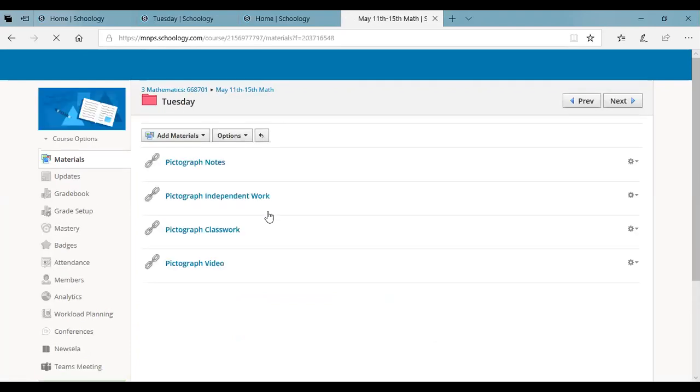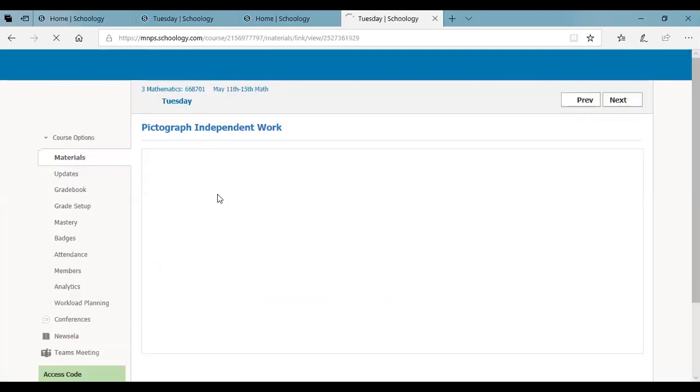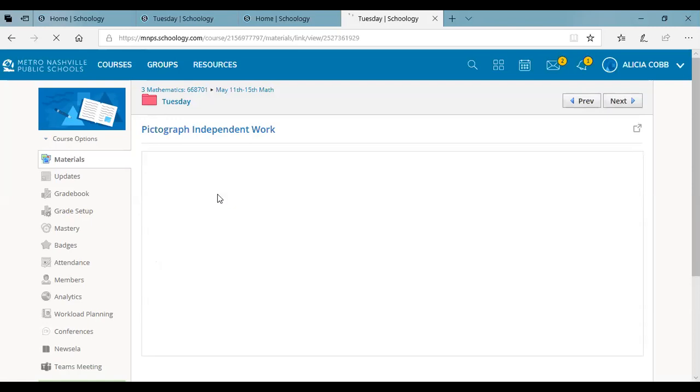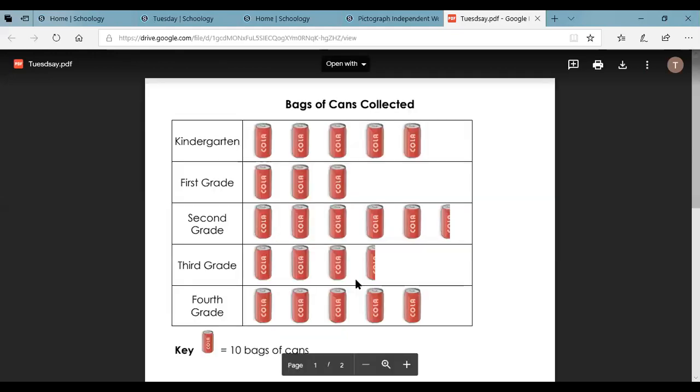And then I'm going to go to the pictograph independent work. Open new window. And the PDF should pop up. It should say bags of cans collected.